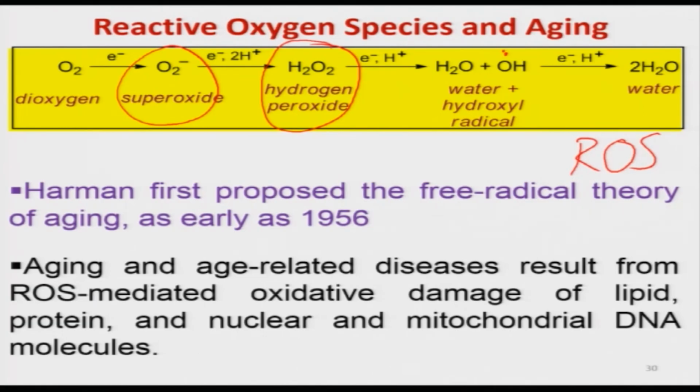Aging and age related diseases result from ROS mediated oxidative damage of lipids, proteins and nuclear and mitochondrial DNA molecules. These are all results of the radicals. You know, radicals are very dangerous in biology. Radical reactions are indeed very difficult to control.